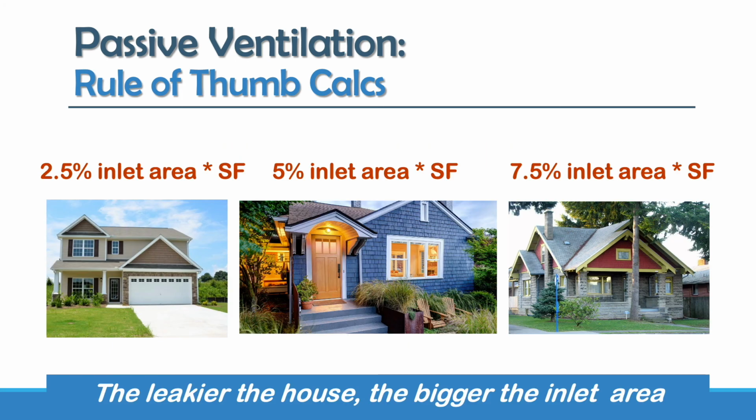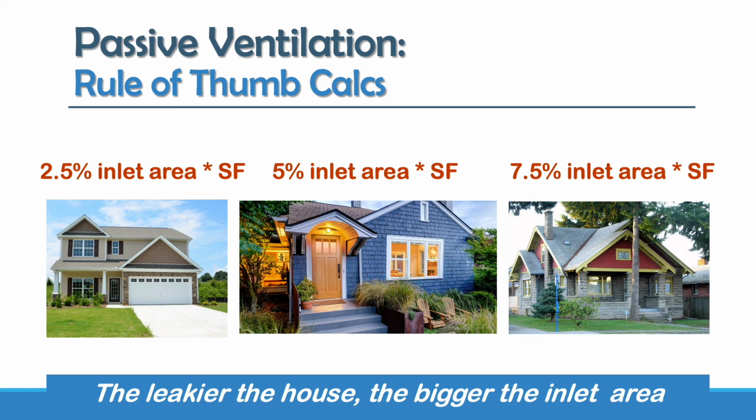The reason for this is that the leakier the house, the bigger the inlet area needs to be. Another way to put that is that the tighter the house, the less outside air is required to create the positive convection airflow required for passive ventilation. With a tight house, we have more control.